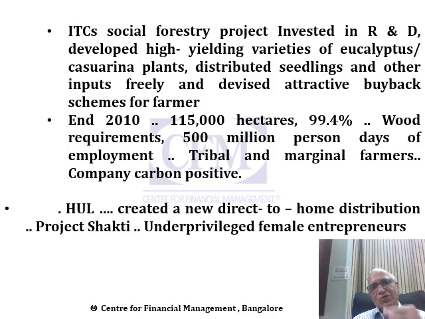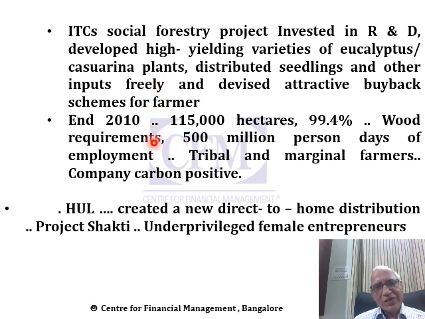ITC's social forestry project is a great example of creating shared value. ITC invested in R&D, developed high-yielding varieties of eucalyptus and casuarina plants, distributed seedlings and other inputs freely, and devised attractive buyback schemes for farmers. By the end of 2010, 115,000 hectares had been brought under the scheme. It provided 99.4% of the wood requirements of ITC.